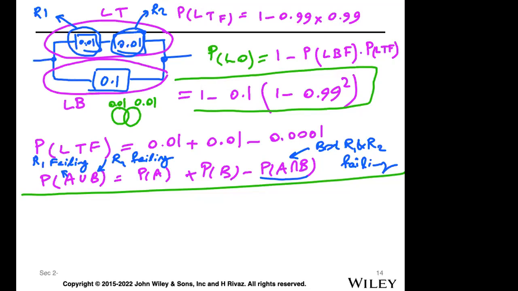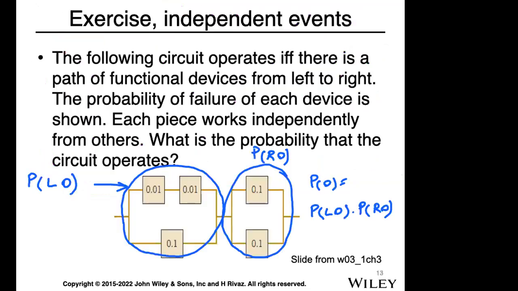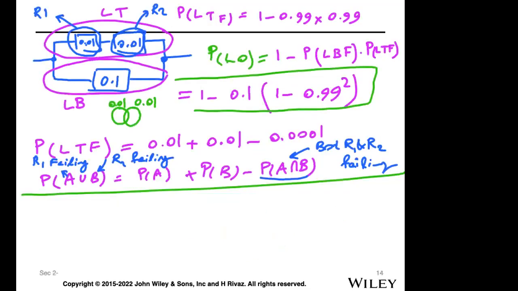So we calculated the left top part. Now let's go back and see what the left and the right parts were. So the right part is 0.1 and 0.1. So let's draw it again. 0.1, and then another 0.1.